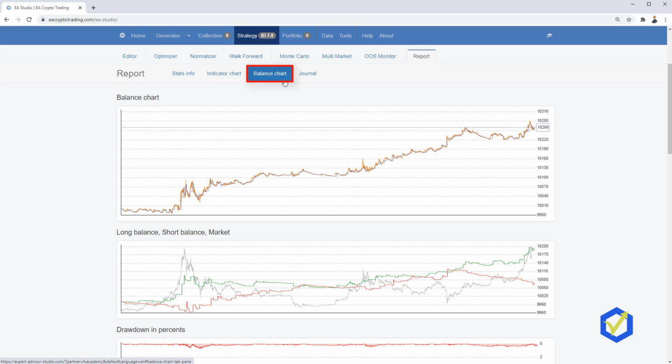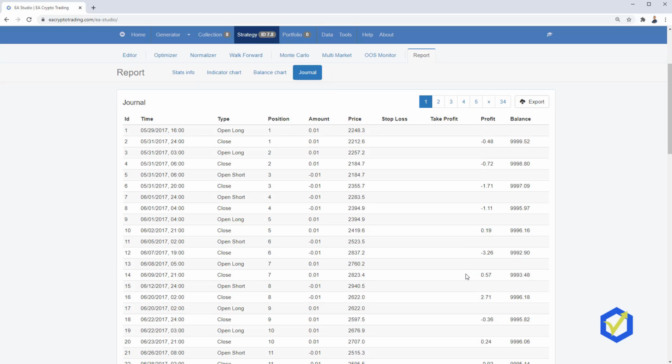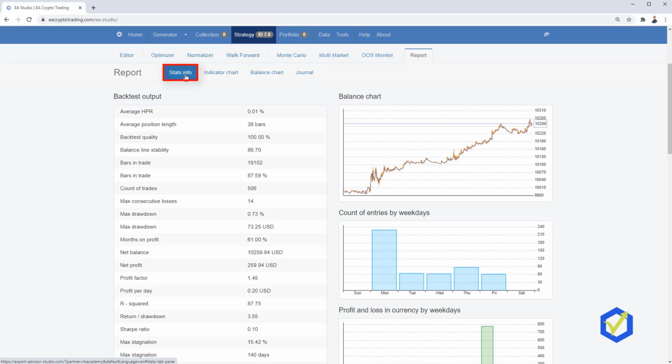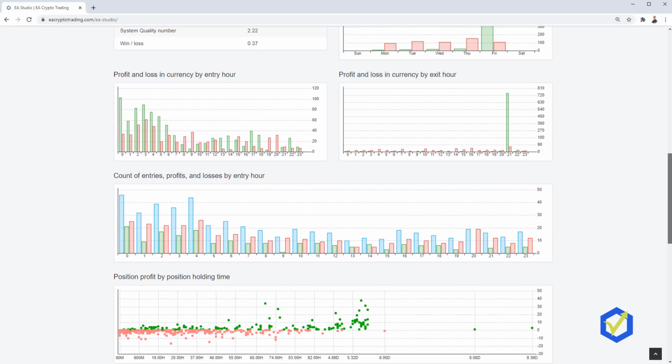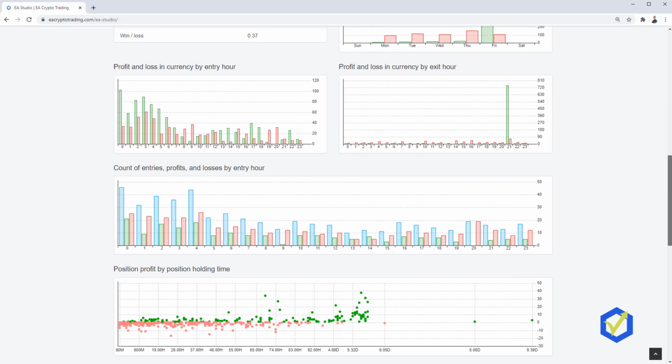We have the balance chart where we see exactly the balance for this strategy. We have the journal where we see all trades that opened and closed for that period of time. We have a lot of statistical information: balance chart, count of entries by weekdays, profit and loss, backtest output. It's a lot of information that you can find below, and that shows a lot more about the strategies.